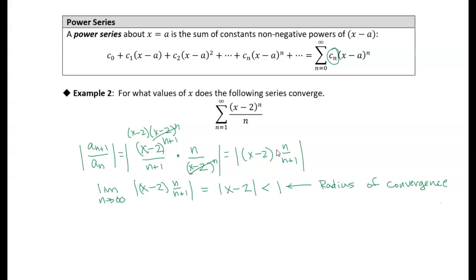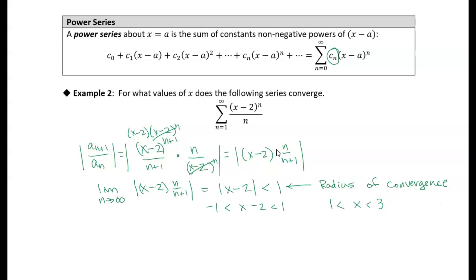But we can actually take this a step farther. I can rearrange this a little bit, and so this actually means that x minus 2 is between -1 and +1, right? So if I add 2 to everything, I get x is between 1 and 3, okay?